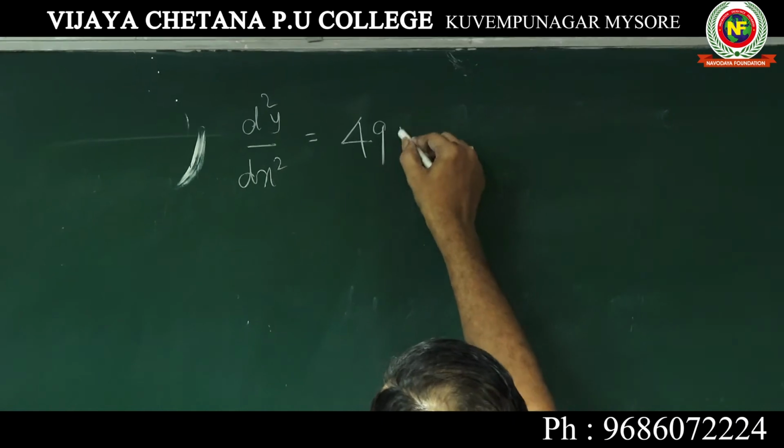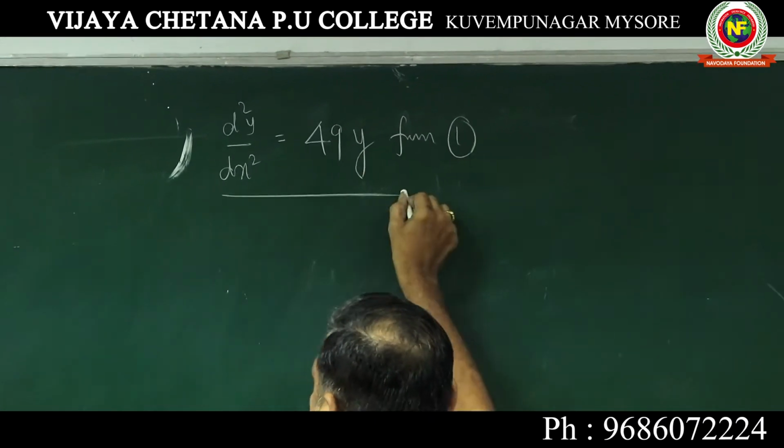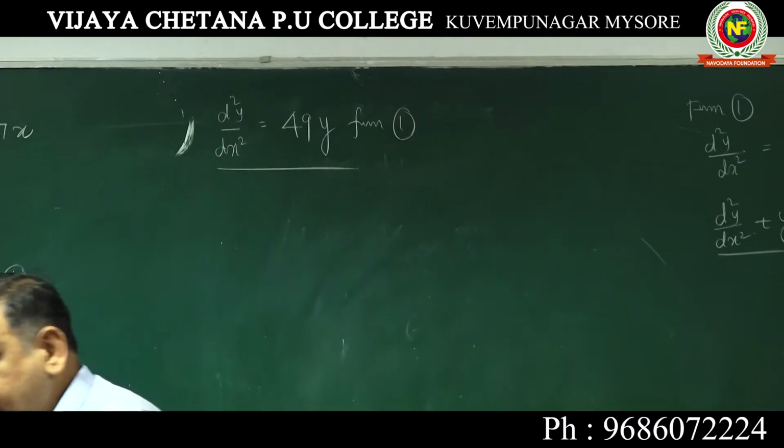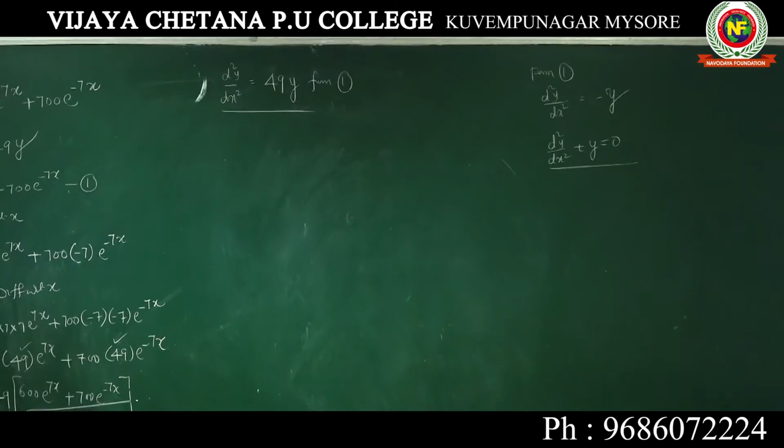What is this? This is nothing but y. You can straight away write: d square y over dx square is equal to 49 into, this is nothing but y. 49y, that's all the answer. d square y over dx square is equal to 49y, that is the answer.